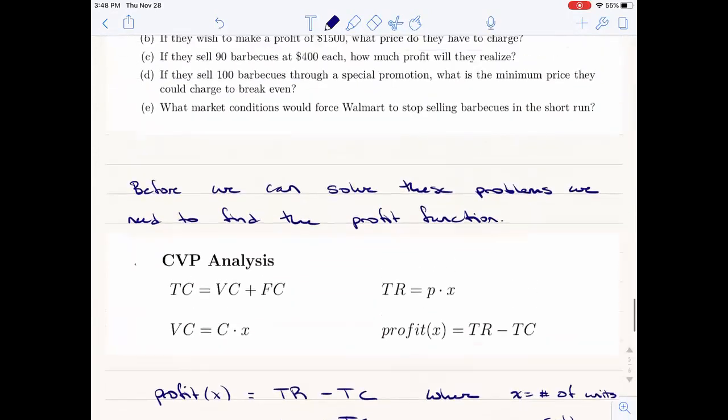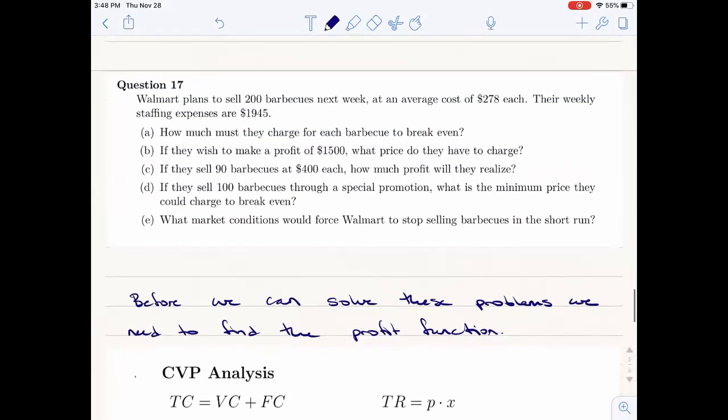So we're told that the cost is $278. X for now is going to be 200, and that can change, right? If they sell 90 barbecues, then our X is going to change, but for now it's going to be 200.